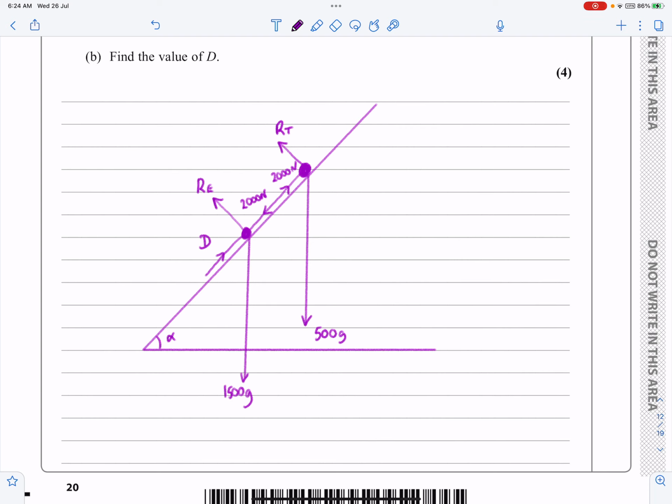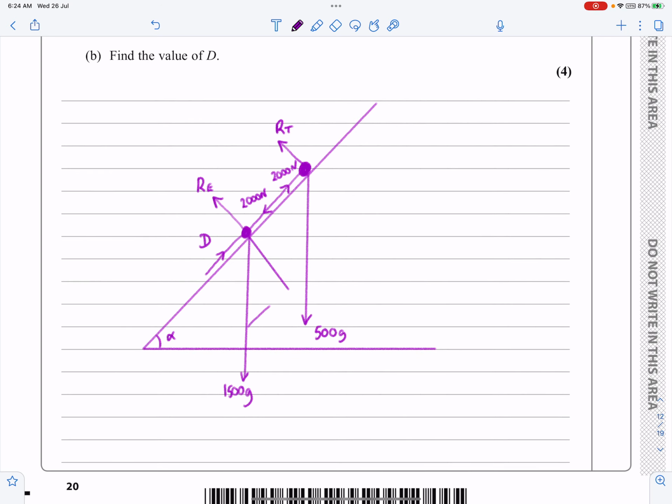Then I'm going to resolve these two forces straight away. If I was resolving this, that's alpha in there. This is going to be 1,500 g cos alpha, and more importantly, this one's going to be 1,500 g sine alpha.